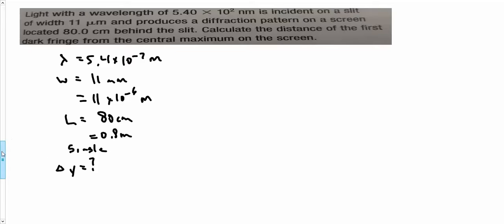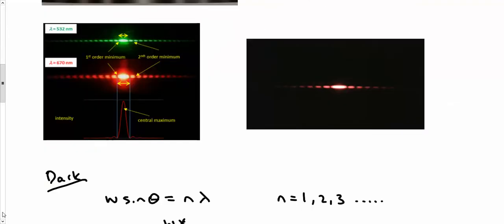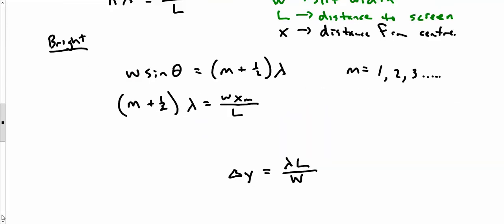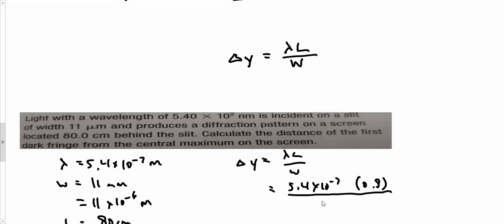Delta y equals lambda L over W, which is 5.4 times 10 to the minus 7 times 0.8, all over 11 times 10 to the minus 6.